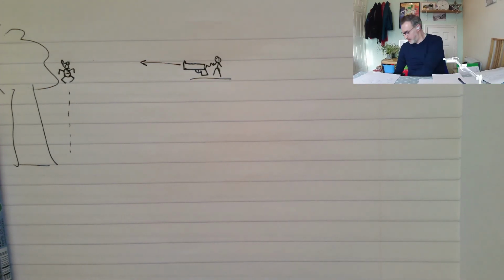So the shell casing lands at your feet in whatever time it takes, and the bullet will do exactly the same thing, even though it's traveling horizontally at 200 meters per second. And the video talks about that.